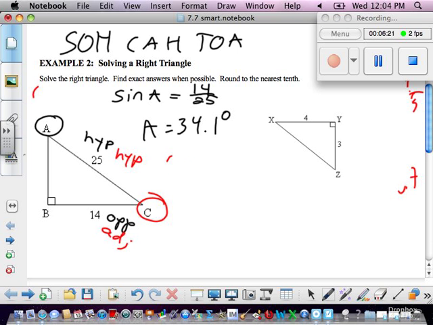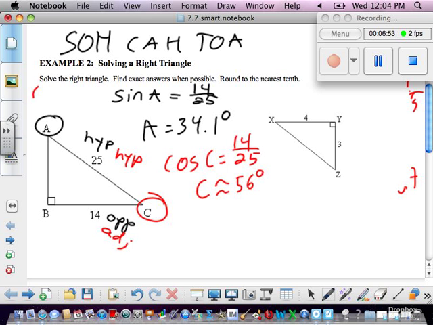Very nice. So the cosine of C equals adjacent. Make sure you put adjacent on top over hypotenuse 25. Now, remember to use the inverse because I don't know what the angle is. When you don't know what the angle is, you use the inverse. So I go to trig, cosine with a -1, 14 divided by 25. And I'm going to get 56 because I round up. C is approximately 56 degrees.